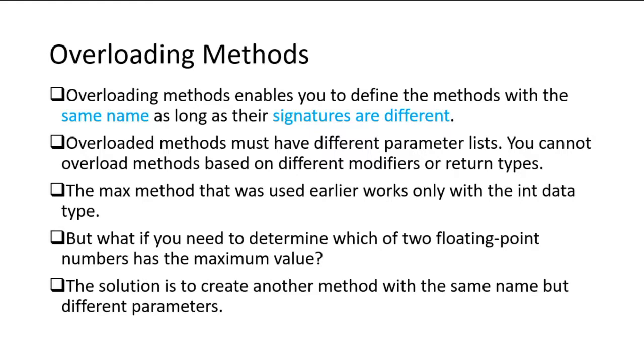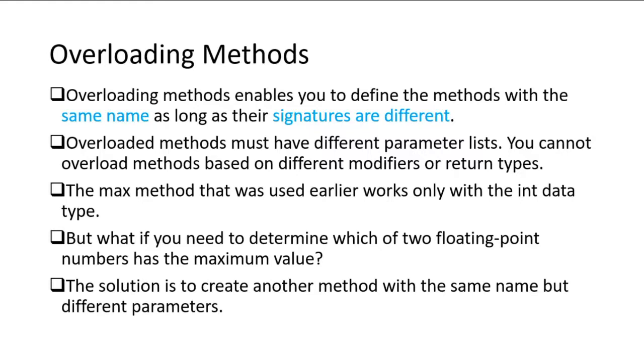Also keep in mind that you cannot overload methods based on different modifiers or different return types. The compiler will never check return types when you're overloading methods. So the compiler cannot differentiate methods just based on the return type of the method.